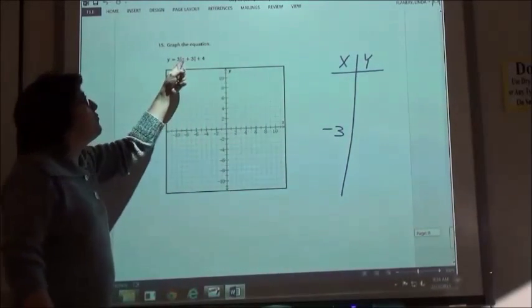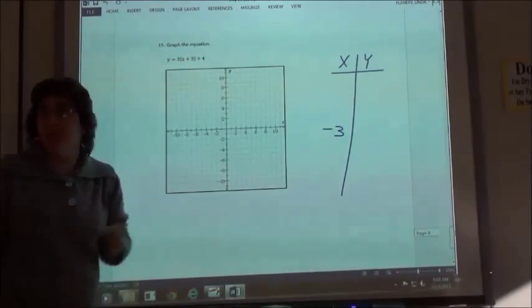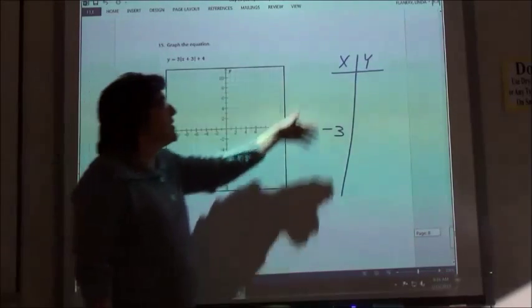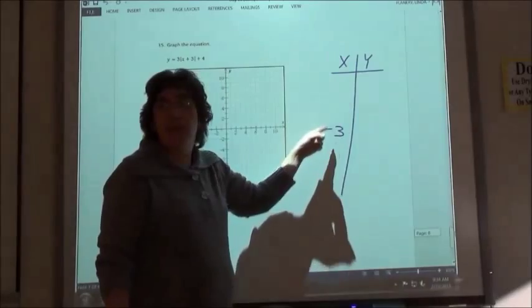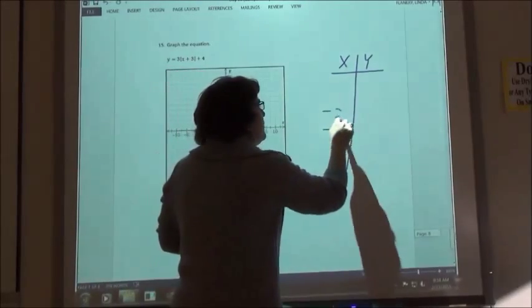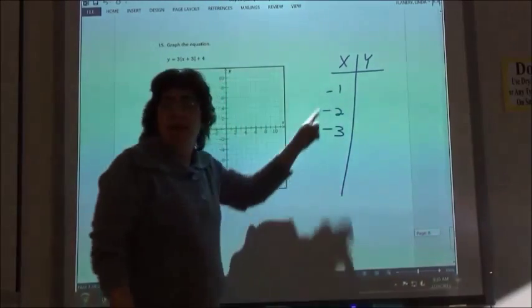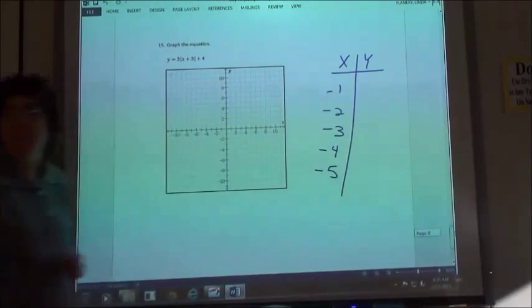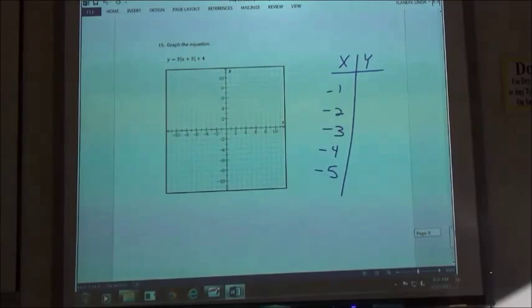If I have a negative 3 in here, that makes this 0. That's what you're trying to do, is make that absolute value 0. So 2 points on each side of that. If I go up from negative 3, I would have negative 2 and negative 1. If I go down from negative 3, negative 4 and negative 5, right?